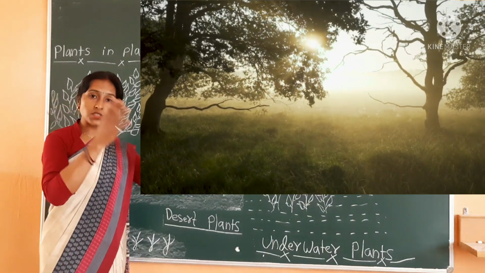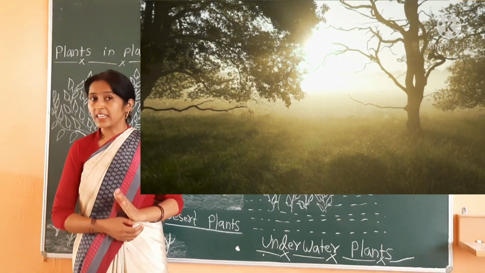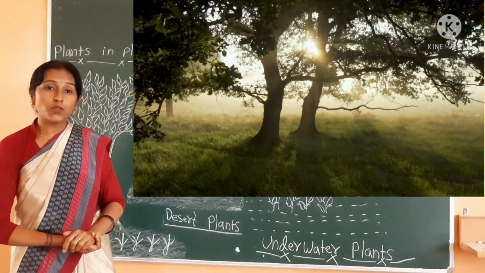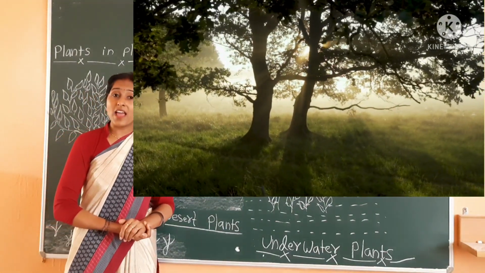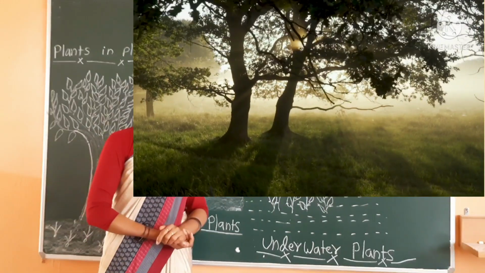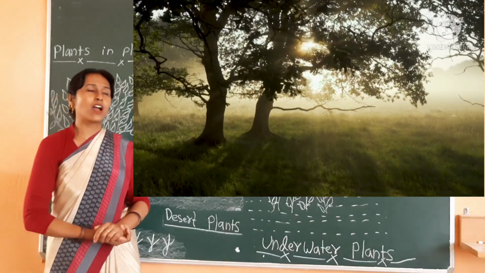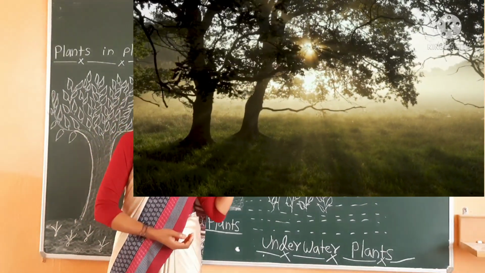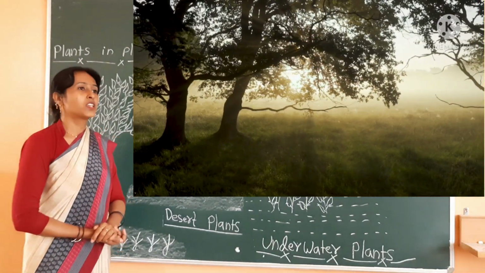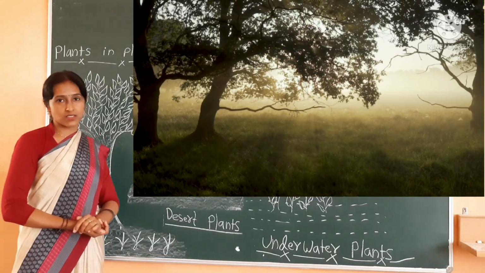They have lots of branches, as well as they shed their leaves during dry seasons, and such plants are known as deciduous trees. Remember, we learned about these deciduous trees in our quiz time in GK classes.